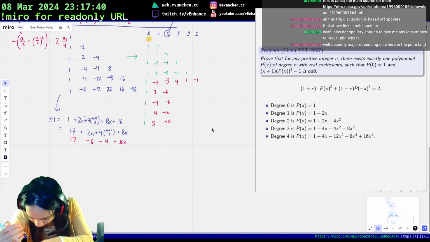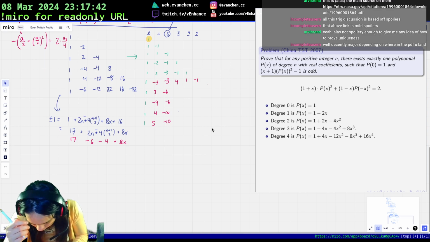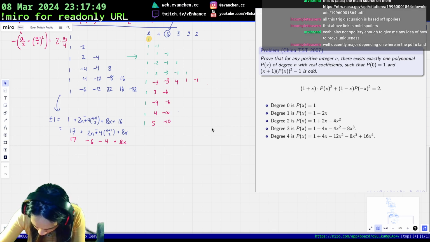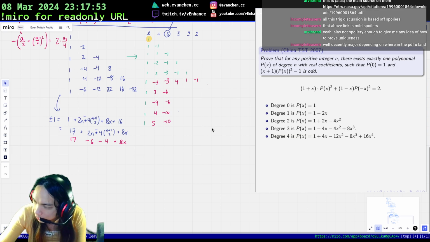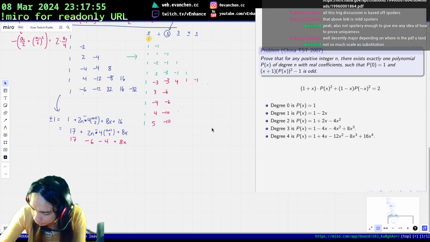I see. You're telling me that these are Chebyshev polynomials with some different scale factors, and the idea is... so this first of all requires me to actually remember what they are.